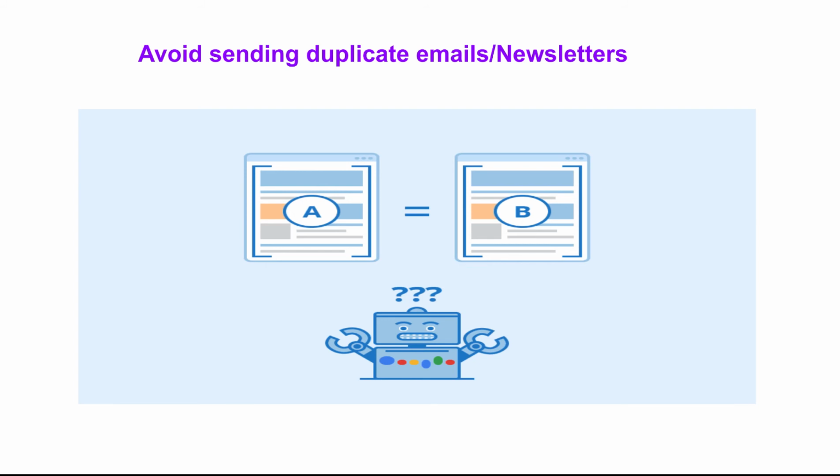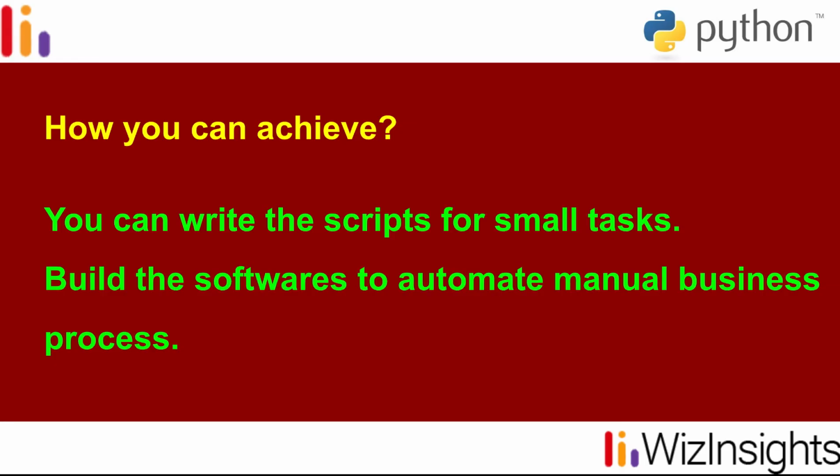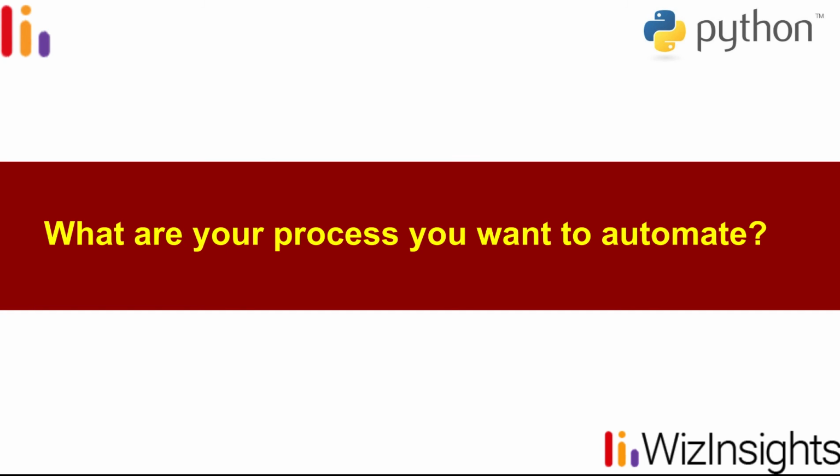So here the scripts can help you. And how can you achieve all this? You can write scripts for small tasks, or build software to automate the manual business process, and achieve this. So what are the processes you want to automate?